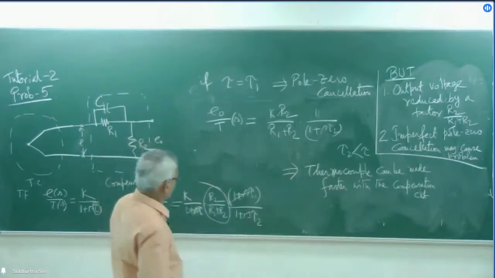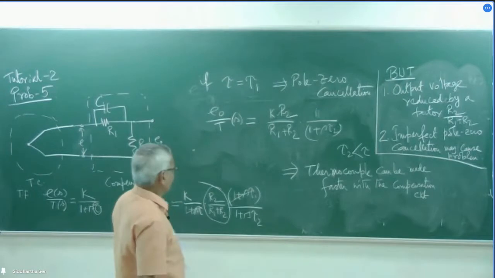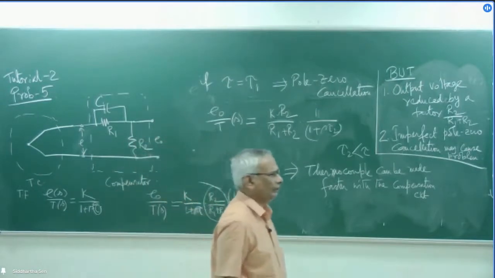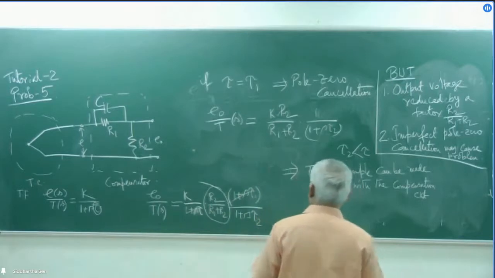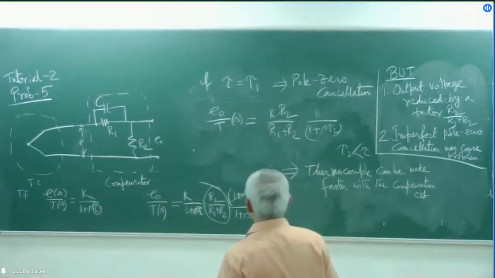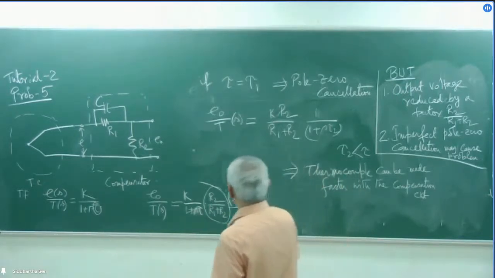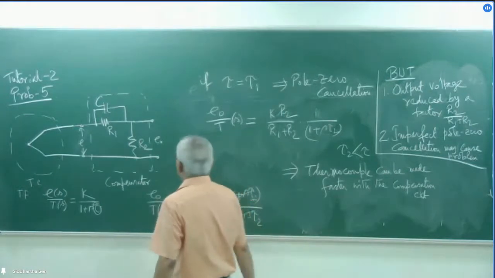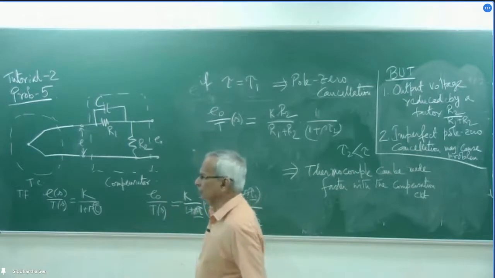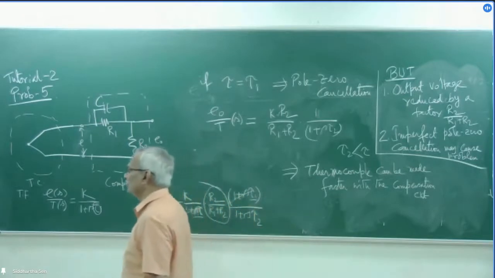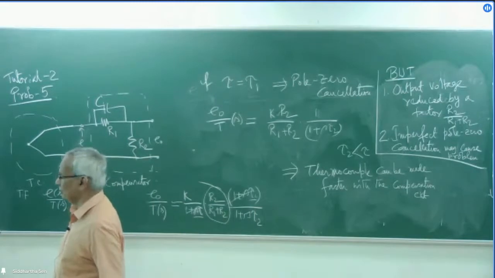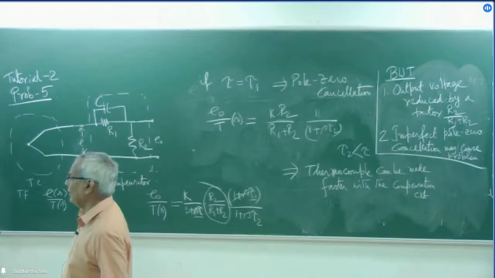If they are not exactly cancelled out, naturally those things are a problem. We cannot say exactly what will happen, but definitely before attempting that, you must be very careful. We should know the value of tau, the thermocouple time constant, carefully and measure it, and then design this one and this one.